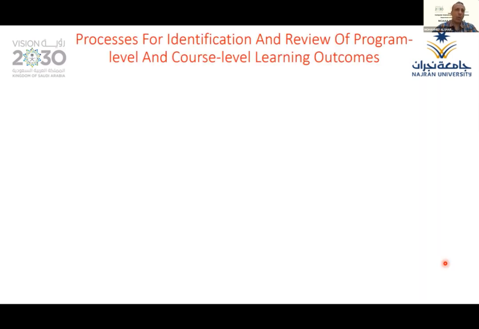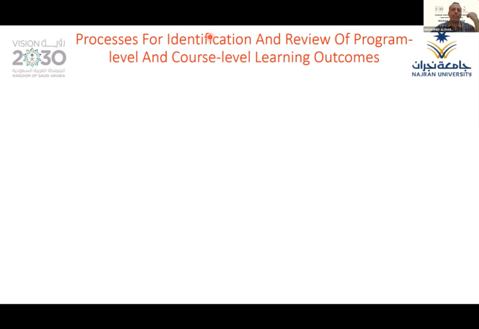Based on that, we have our assessment cycle. This was the first process of identification. We considered ACM, IEEE, ABET, NCAAA, the National Qualification Framework, the mission and goals of the university and program, graduate attributes, the community, and the advisory committee. So we identified our first learning outcomes in 2011, 2012.